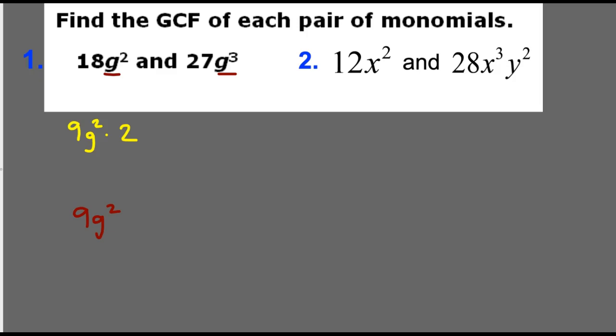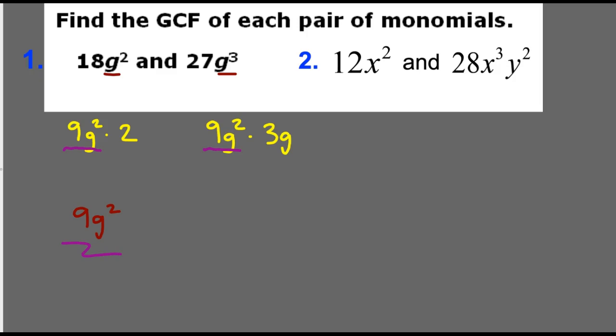So those are two factors, 9g squared and 2. 27g cubed has a factor of 9g squared and 3g. If I multiply 9g squared times 3g, I get 27g cubed. So therefore, you hopefully can see that the greatest common factor is 9g squared.